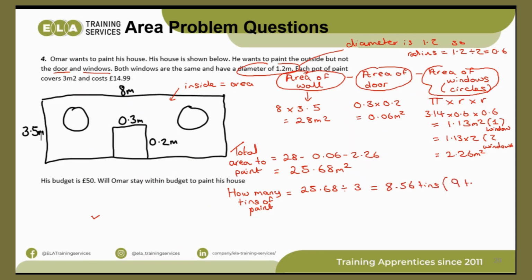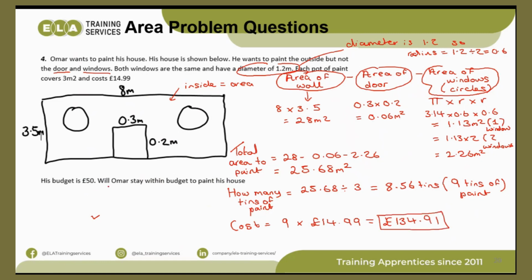So we need 9 tins of paint. And then to work out the cost, we know each tin is £14.99 and we need 9 of them. So 9 times £14.99 leaves us with £134.91.